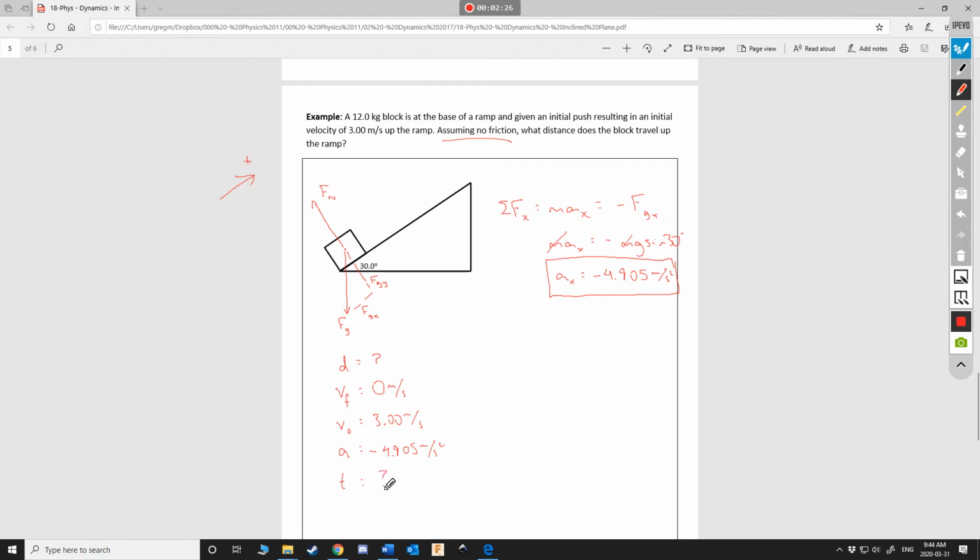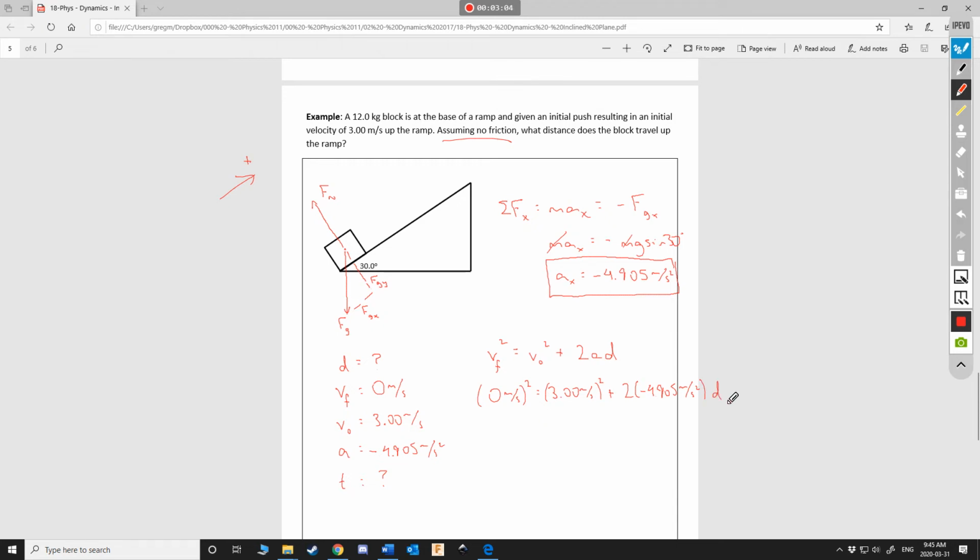So now we just need to choose an equation that has V final, V initial, acceleration, and distance, I should say. Looking at the formula sheet, V squared is equal to V0 squared plus 2AD. So V final is 0, V initial is 3, acceleration is negative 4.905, and displacement is what we're trying to solve for.